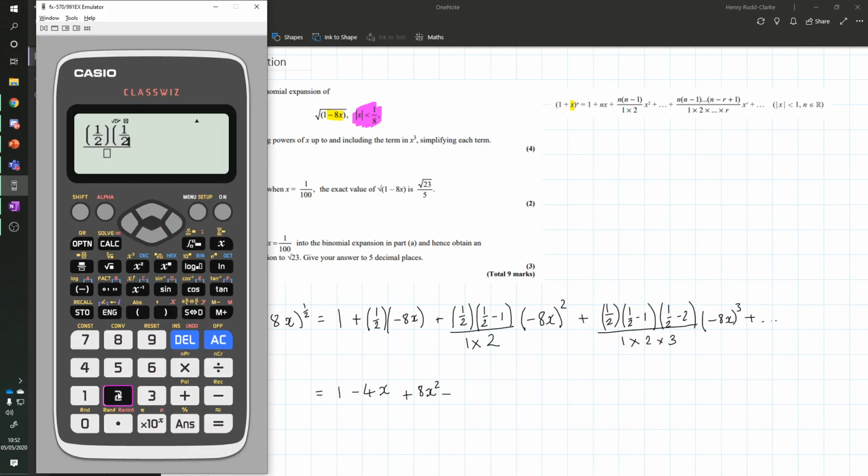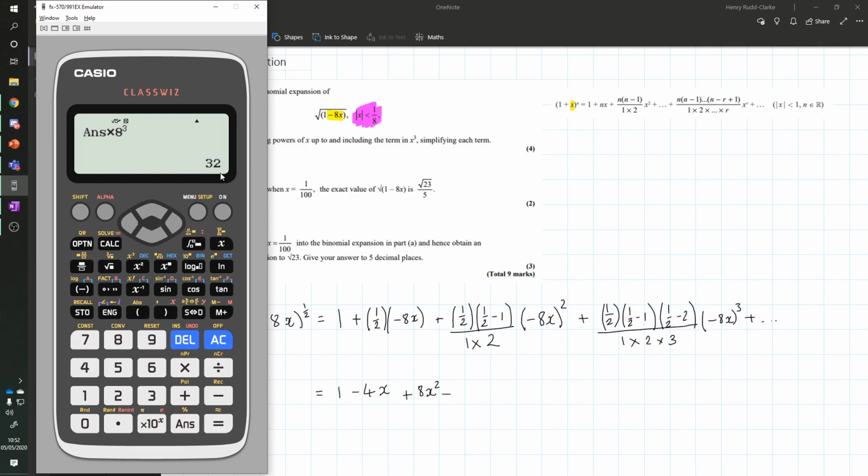A half minus 1, multiplied by a half minus 2. Divided by, we'll just put 6 in because we know that's 6. There we go, 1 over 16. Multiplied by minus 8 cubed. I'm just going to times it by 8 cubed and then remember it's a minus.